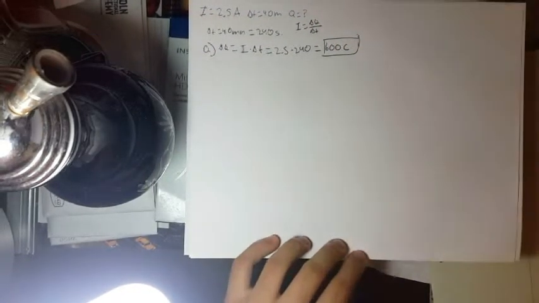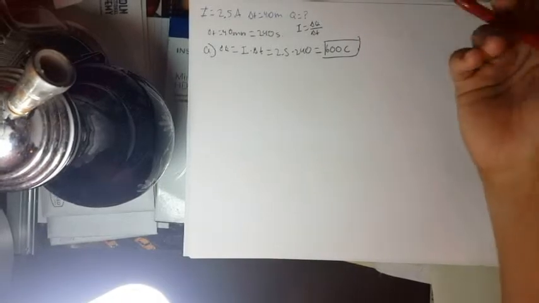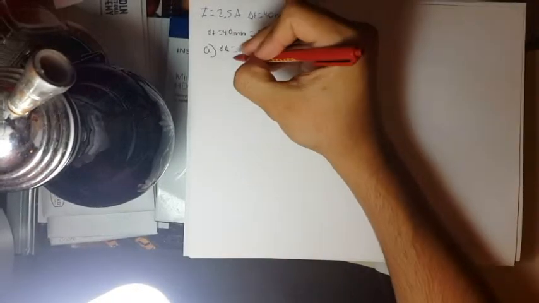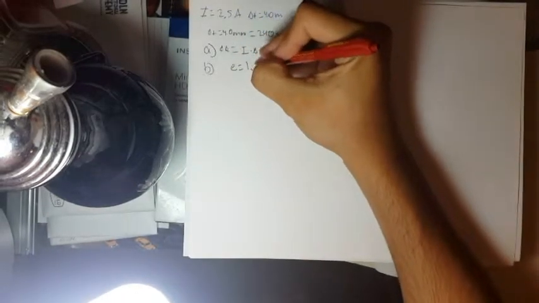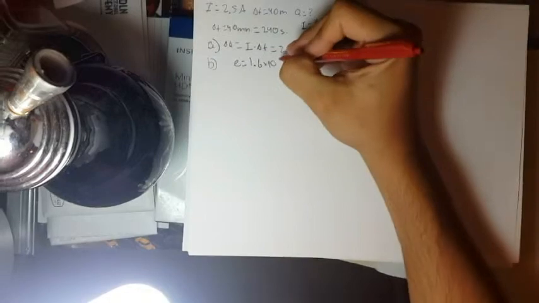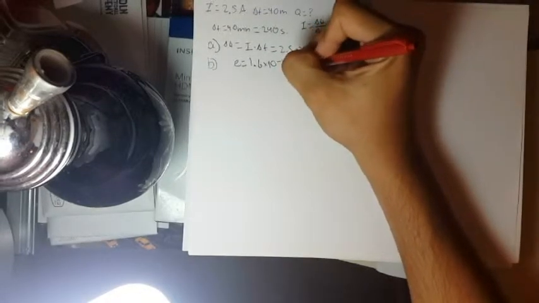And then in part B, they're asking us to find how many electrons. And we know that the charge of an electron is 1.6 times 10 to the negative 19 coulombs.